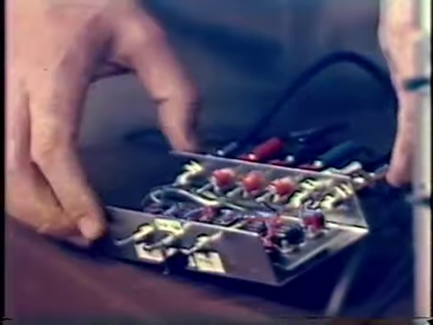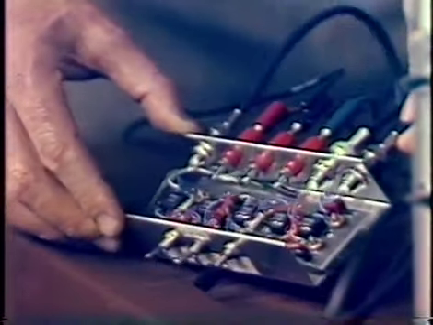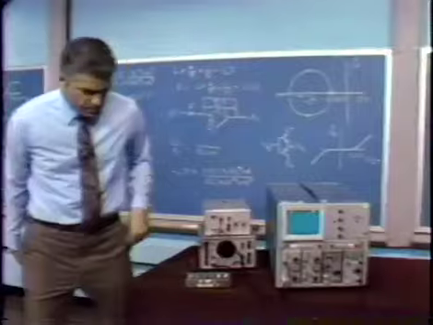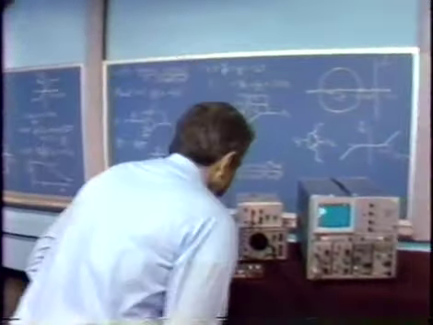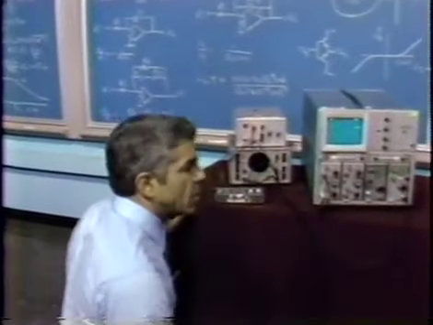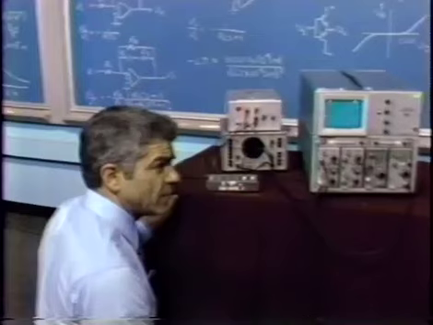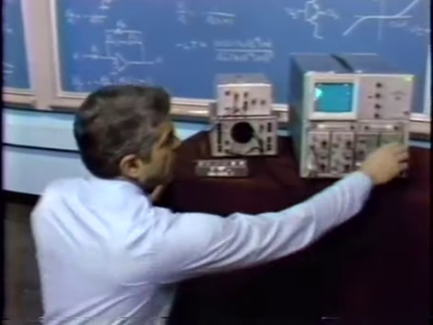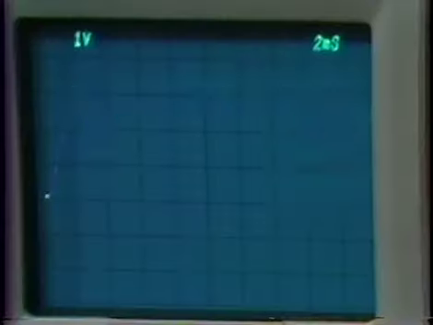We have a couple of switches that I'll ignore for a moment. We'll see what their function is later on, but this is the basic box. Right now, we have things set for a low value of A naught. This is an A naught actually of about 1. I indicated that when the potentiometer is all the way to the left, we get an A naught of about 1. And under those conditions, we have a fairly lightly damped system.